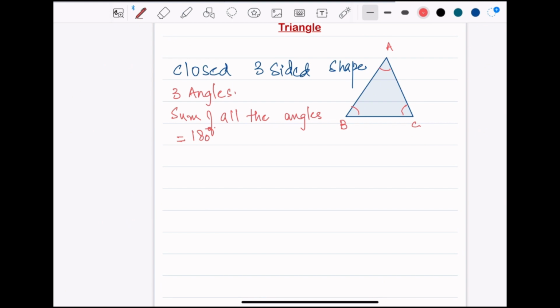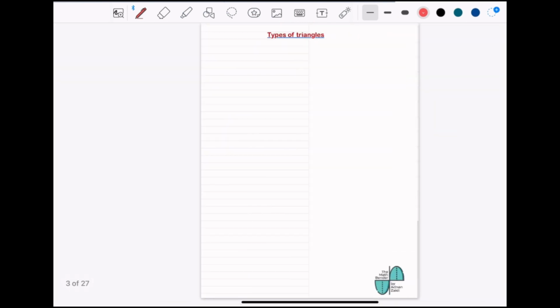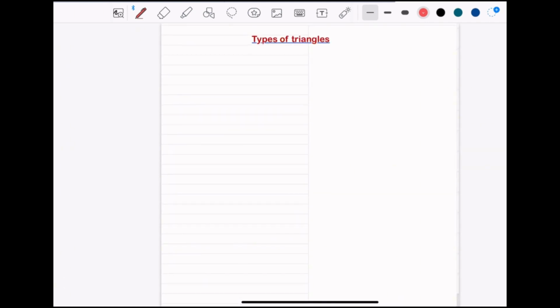Let's see some of the types of triangles that are there. At first, we have an equilateral triangle. An equilateral triangle has all the three sides equal.